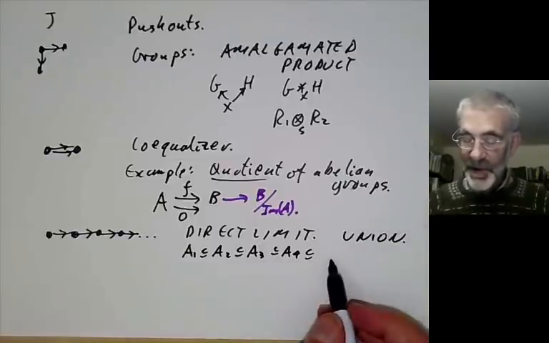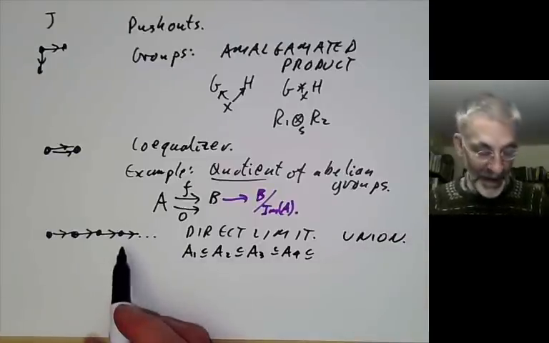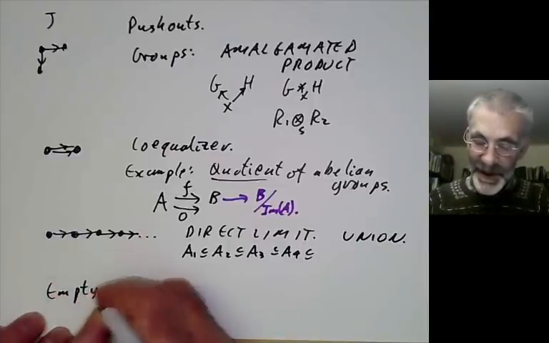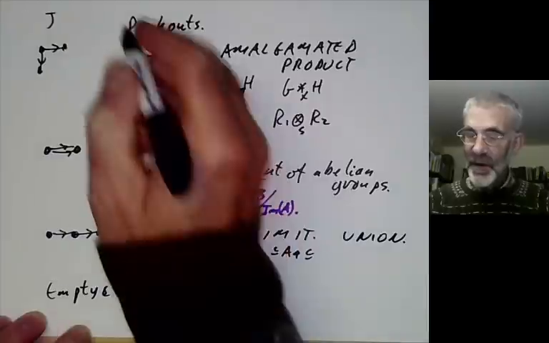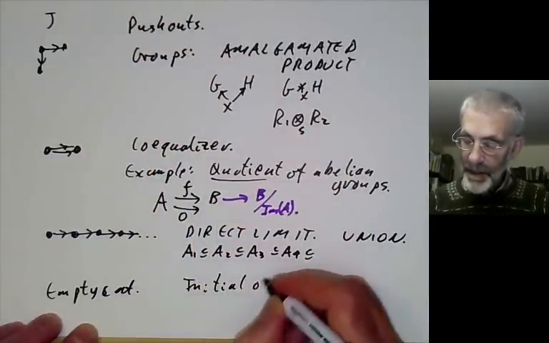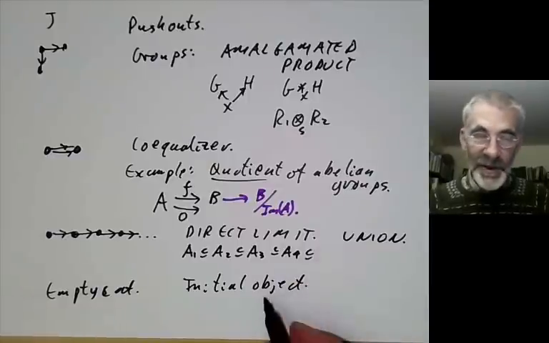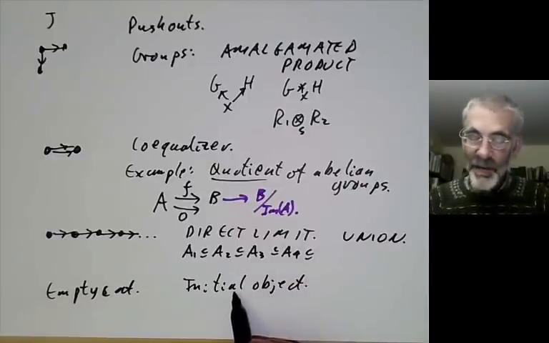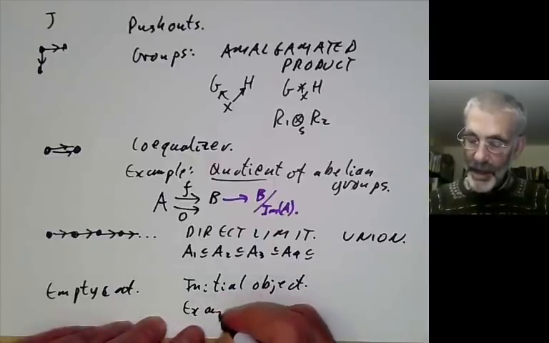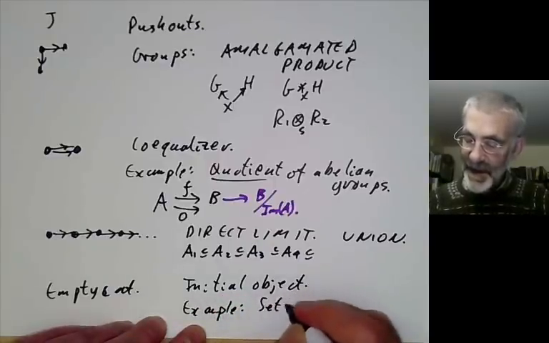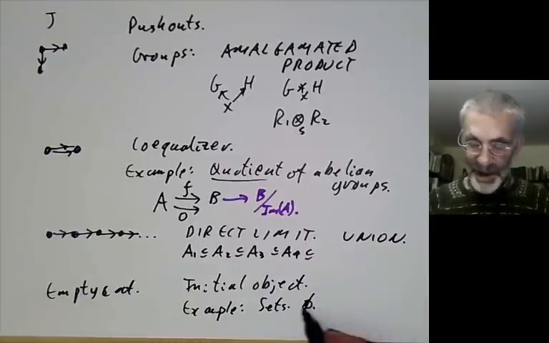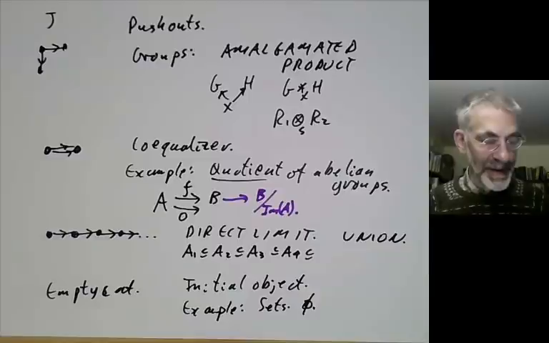So unions of increasing chains are special cases of direct limits. Finally, if we take J to be the empty category, then the corresponding colimit is called an initial object. And an initial object, as you can guess, just has a unique morphism to any other element in the category. An example for sets, the initial object is just the empty set, which is not the same as the final object, which would be a one-point set.